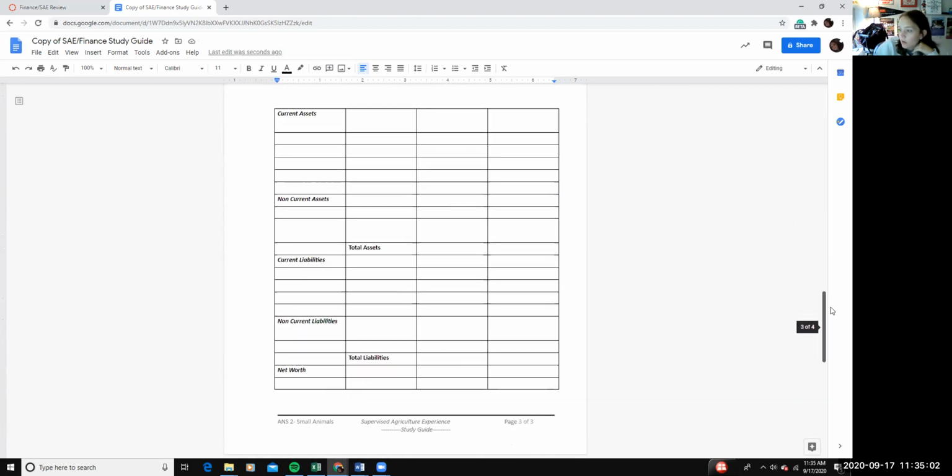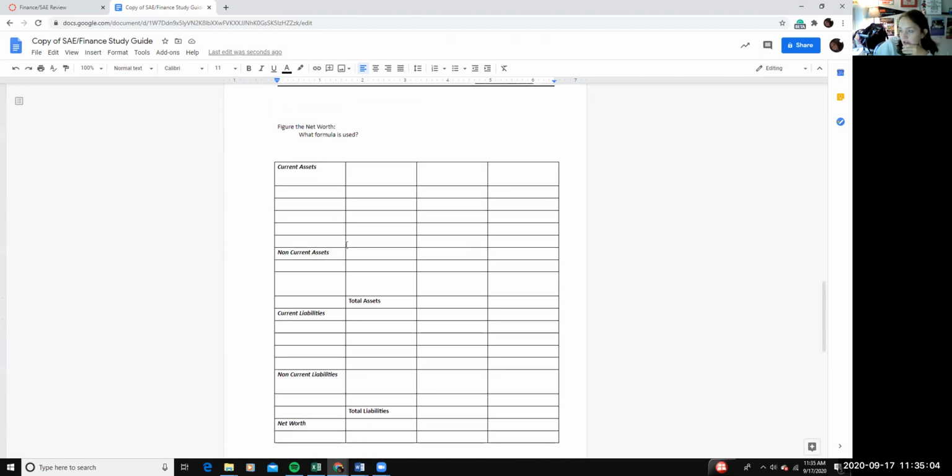All right, if we go on down, this is just your actual finance statement sheet. So if we're trying to figure out the net worth, what is the formula to figure out net worth?